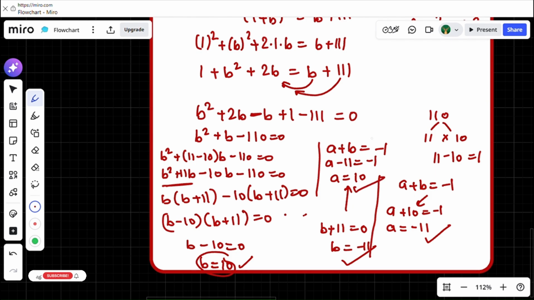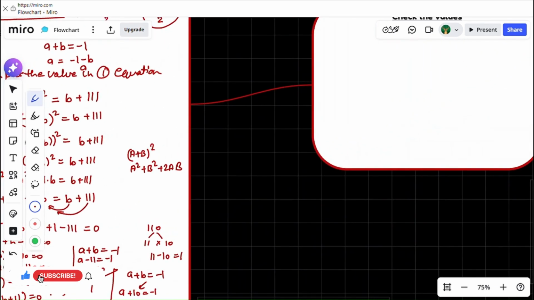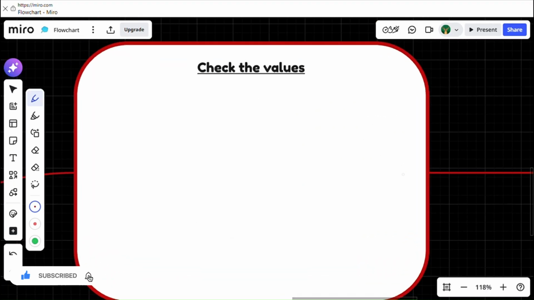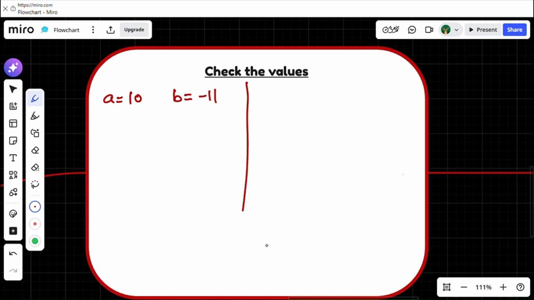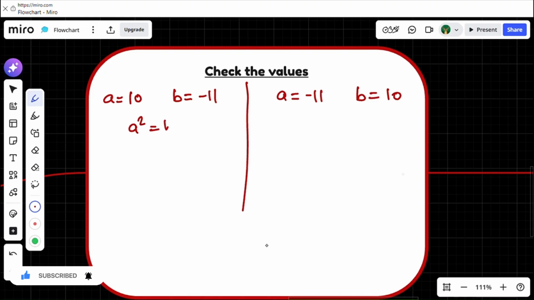So now check the values. If A is equal to 10 and B is equal to minus 11, and if A is equal to minus 11 and B is equal to 10, we can put both values in the first equation. A square is equal to B plus 111.